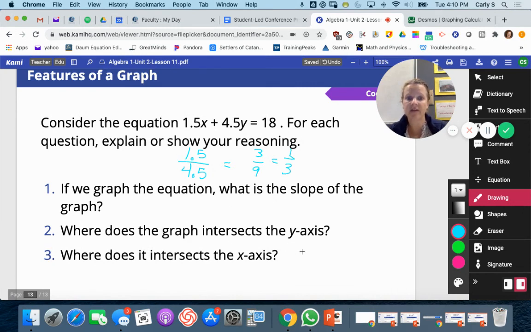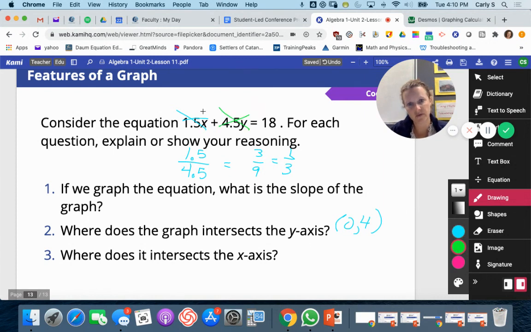Where does the graph intersect the y-axis? It's where x equals 0. So if I take 18 and divide by 4.5, I get 4. So it intersects the y-axis where x equals 0, plug 0 in, and solve for y, and I get 0, 4. And where does it intersect the x-axis?